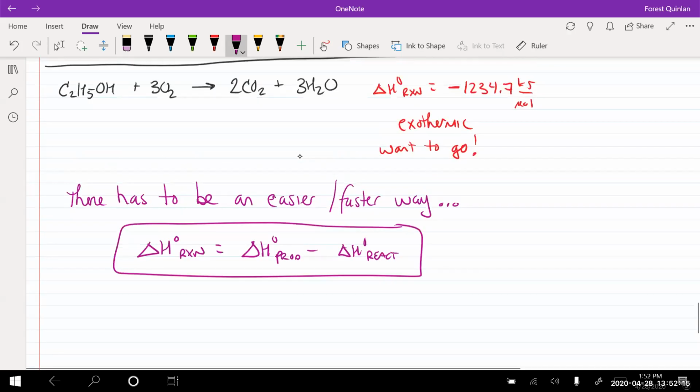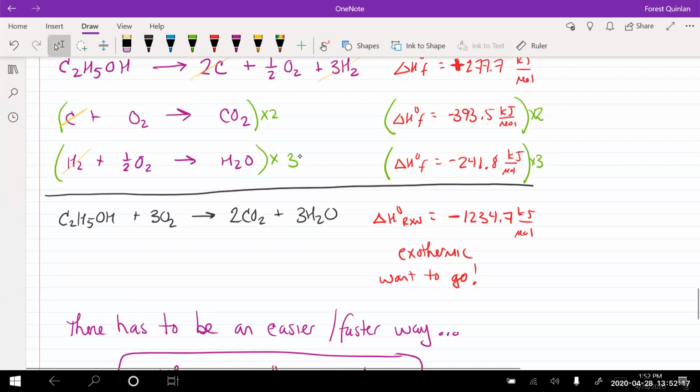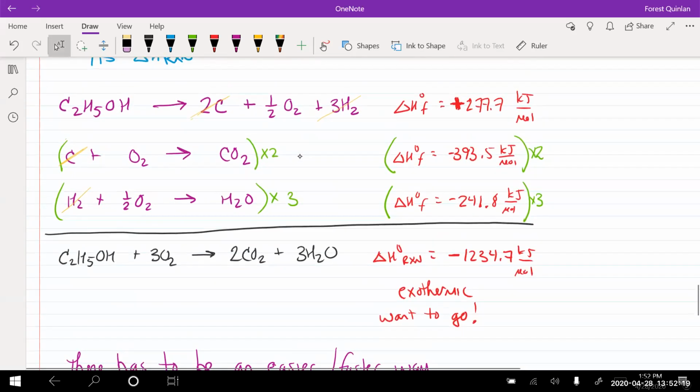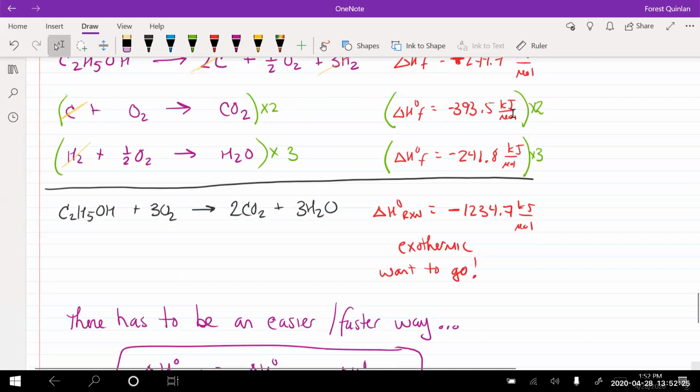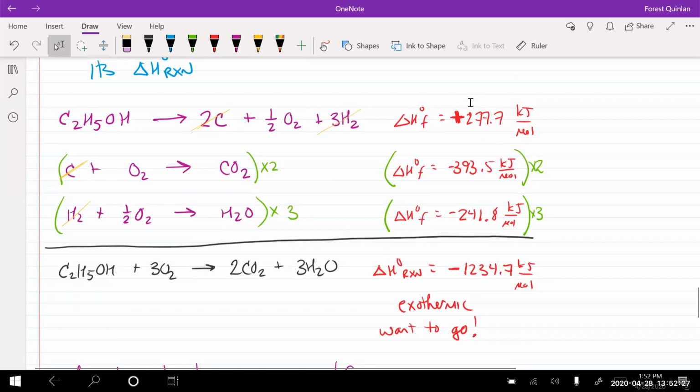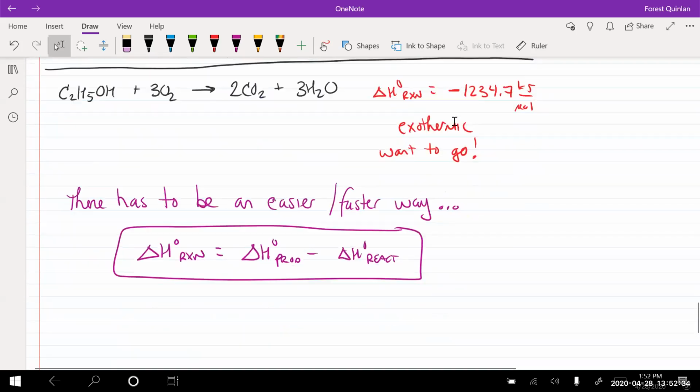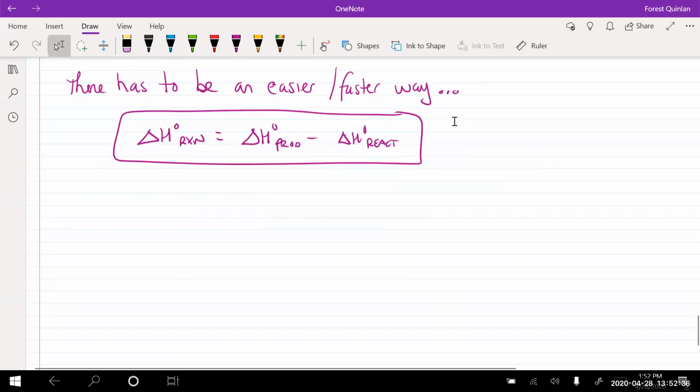If you look at it, what did we do? We took the products, the negative numbers here. We took all those products and we minused the reactants. It's glorious. So what did that look like?